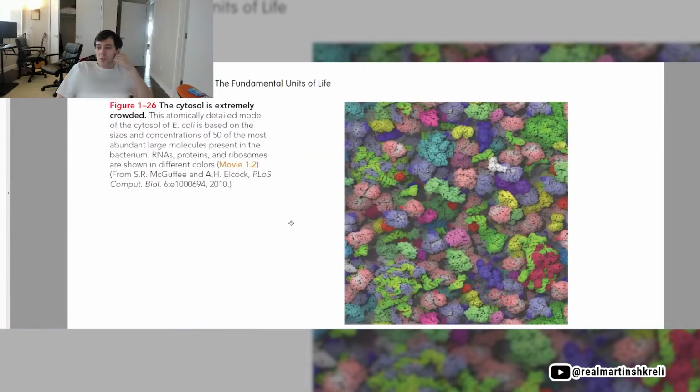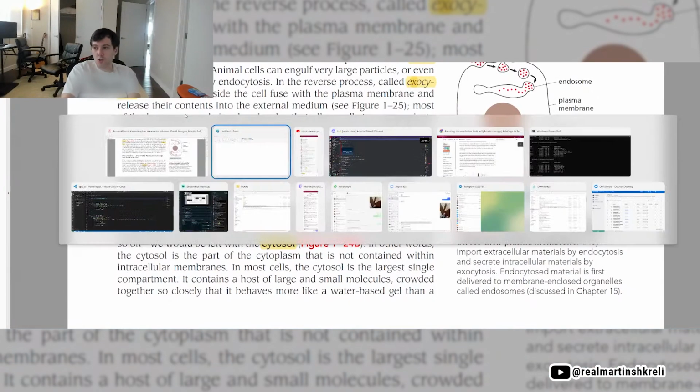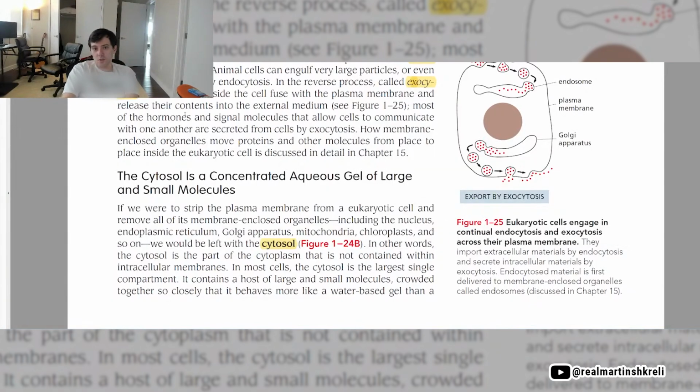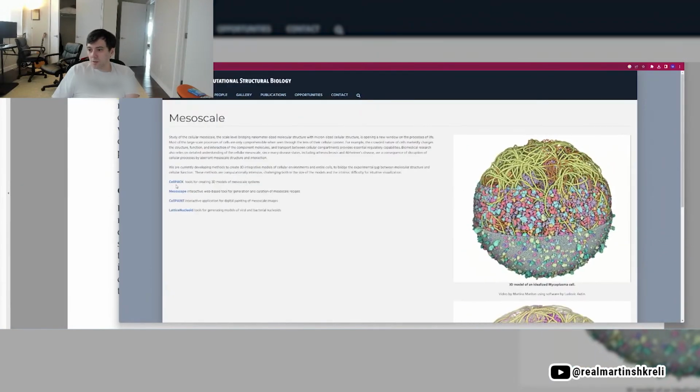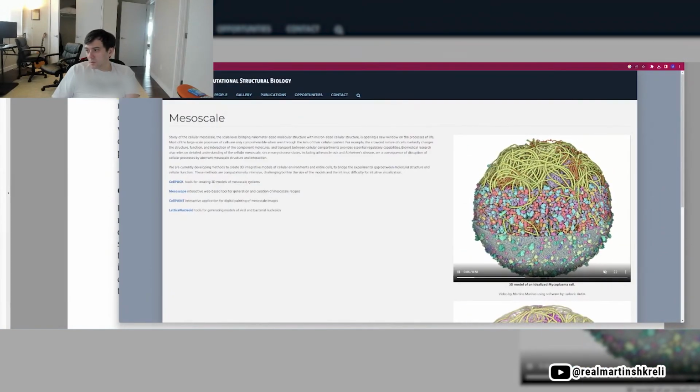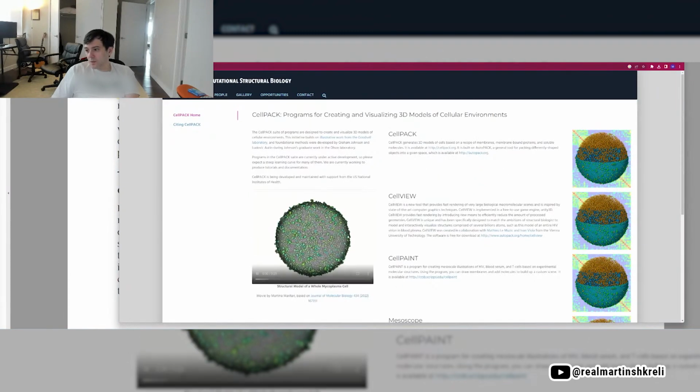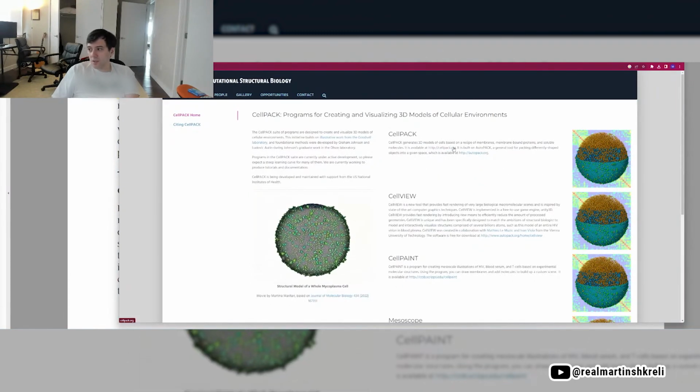than a liquid solution. And there's actually a really cool software program I'll show you from Scripps. It's called MESOSCALE. And you can see here, it's sort of a 3D model of a cell. So there's never really been software like this.